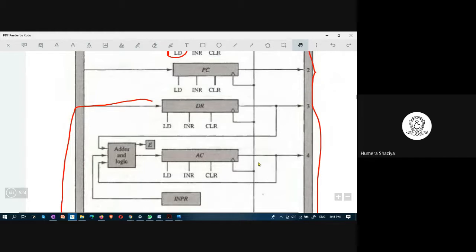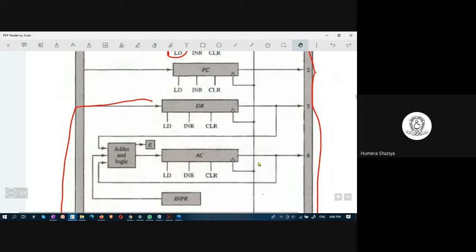You can perform computations on AC and can forward that result onto the bus, or can take it back through this adder and logic into itself, and can take the operands from data register, because this data register is also connected to this adder and logic.